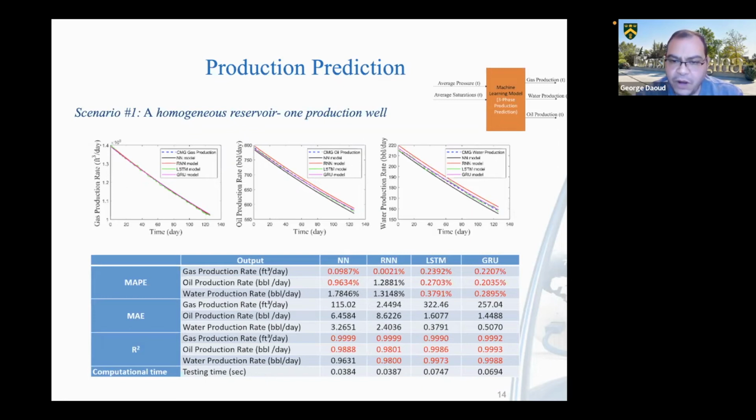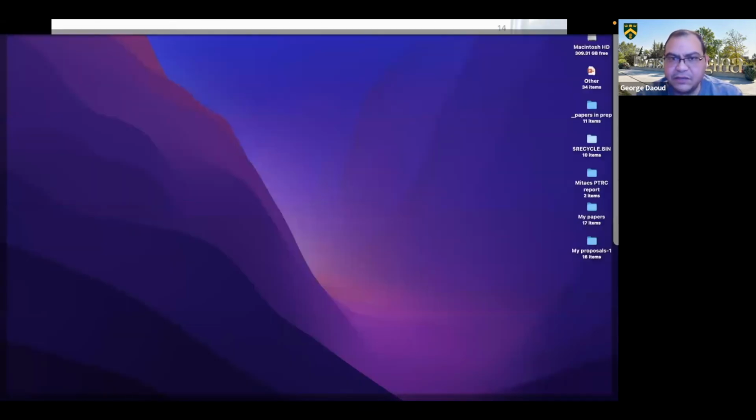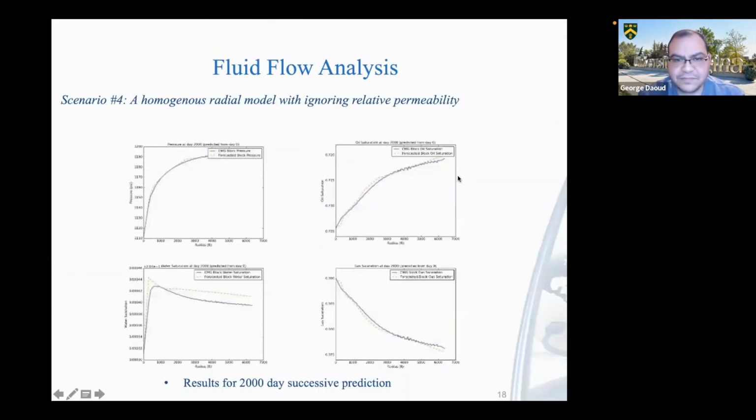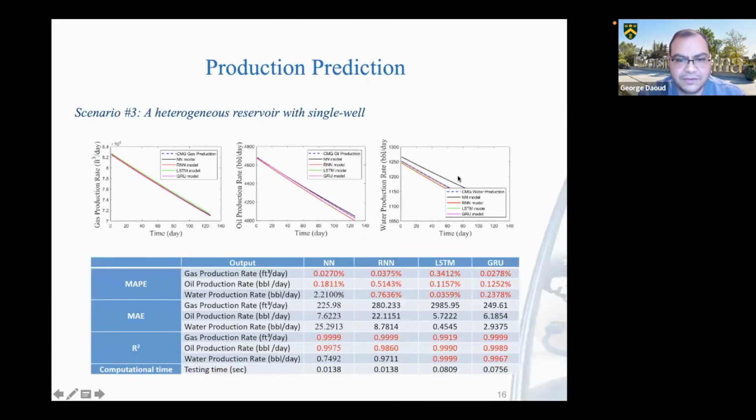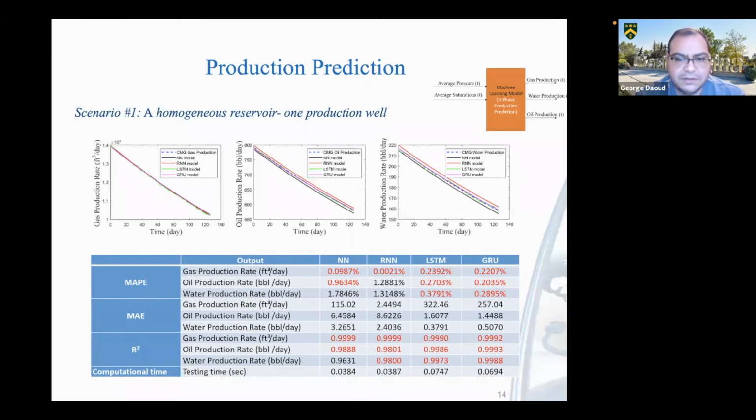We tried 4 neural network architectures, which are feed-forward neural network, RNN, LSTM, and GRU.